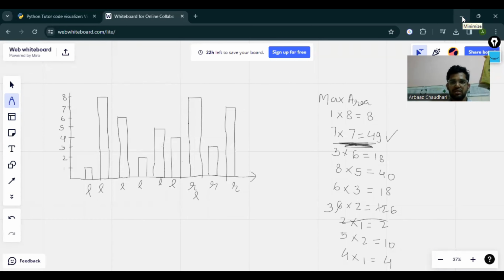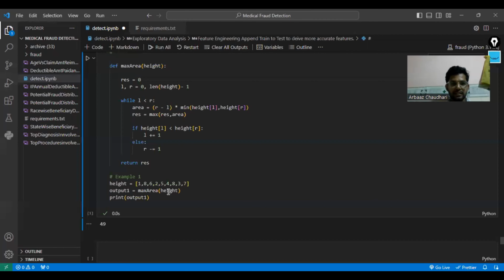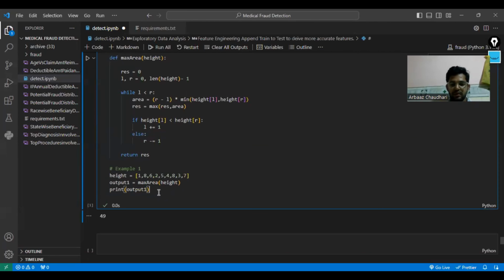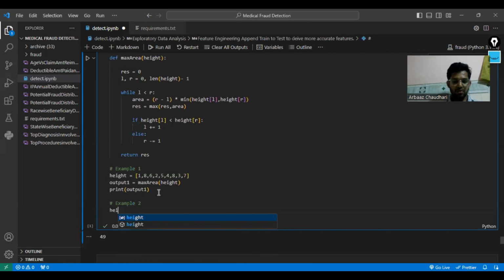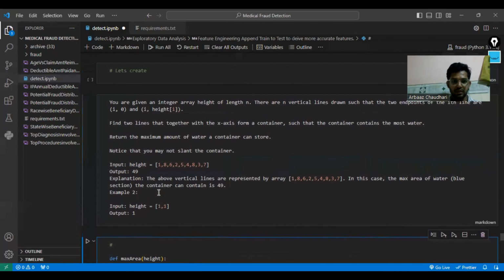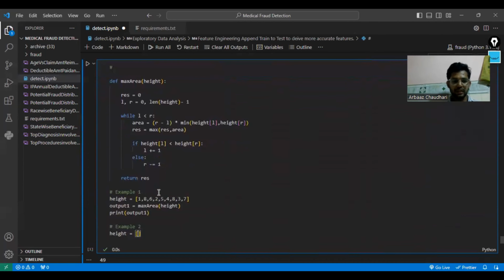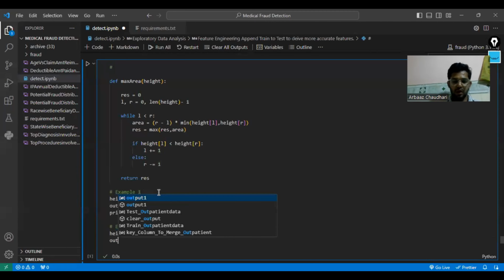Let's check it. There was another test case also. Let's see if the second test case is giving us the correct answer or not. Example 2, height is, I think, 1 comma 1 and the output is 2.